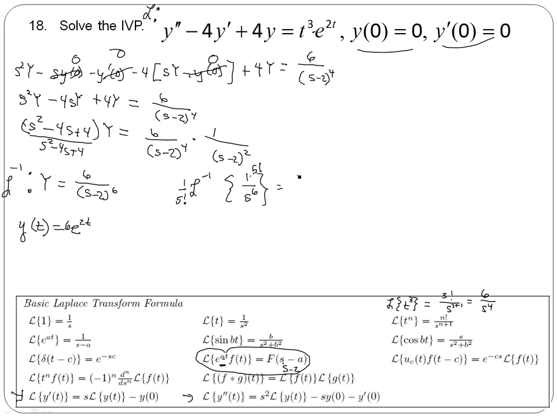And that gives me 1 over 5 factorial, 5 times 4 times 3 times 2 times 1. And the inverse transform of 5 factorial over s to the 6th is t to the 5th power.